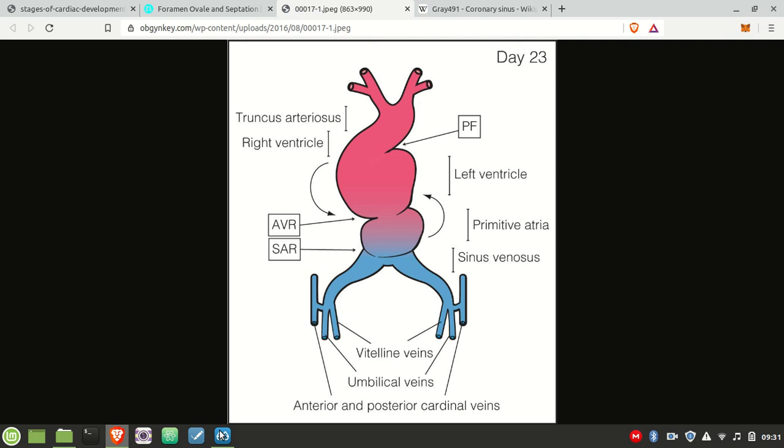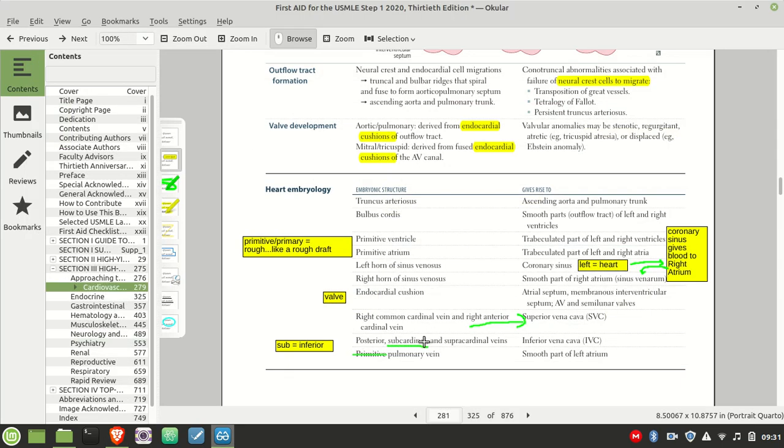And then you also have your cardinal veins. Well, you can kind of think of this vein as being one that's apart. And you can also remember how your superior vena cava is apart from the rest of them. At least that's how I think about it. So this turns into the superior vena cava.